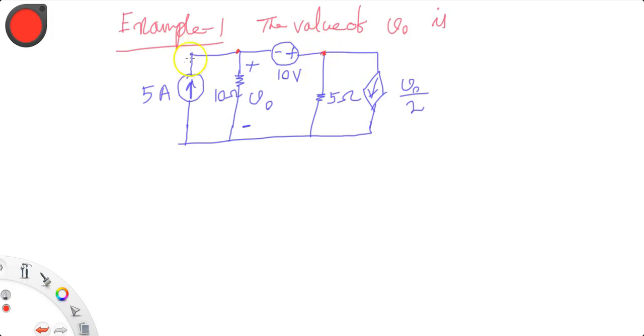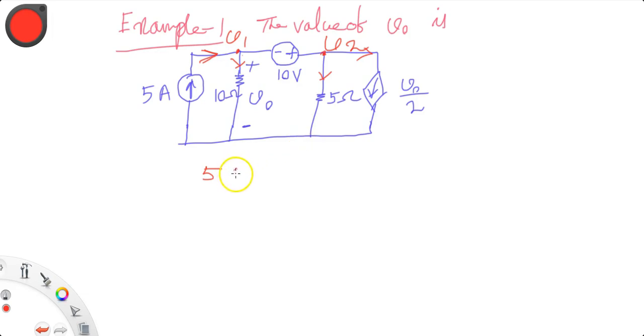So you need to mark this point as your V1 and this as your V2, right? Then you apply the KCL on this side. The 5 amperes current goes here, and here, and here.